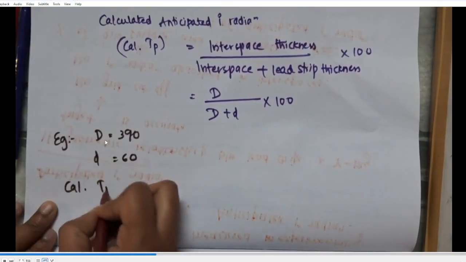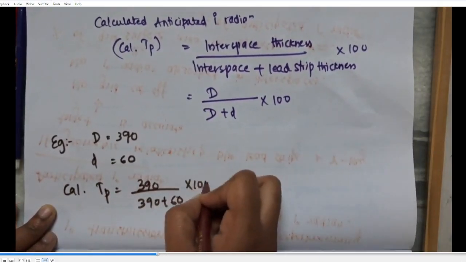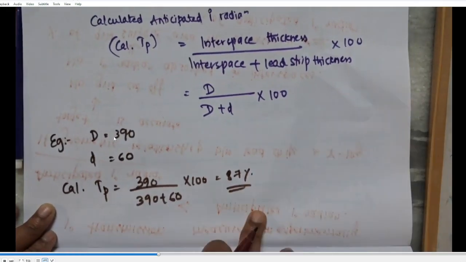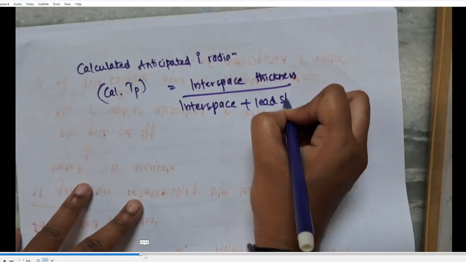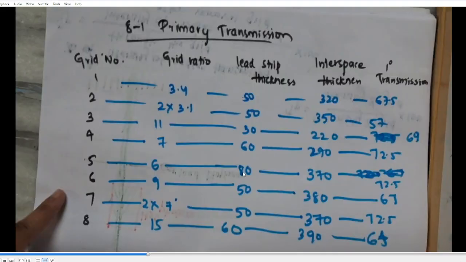So let us take an example. This is seen in this figure: for a 15:1 grid, the experimental primary radiation is 64%.